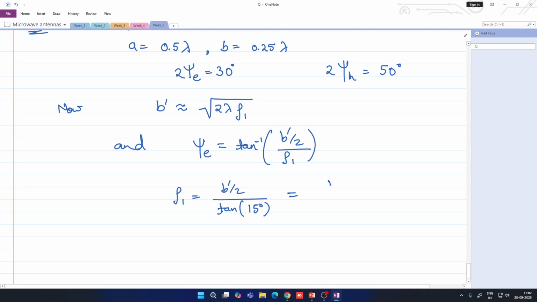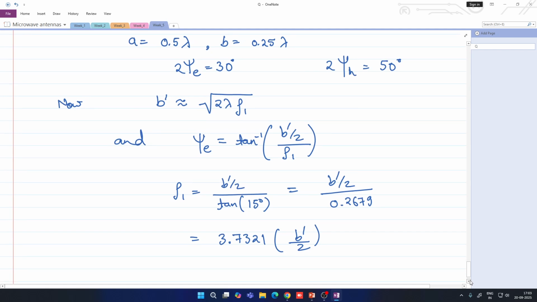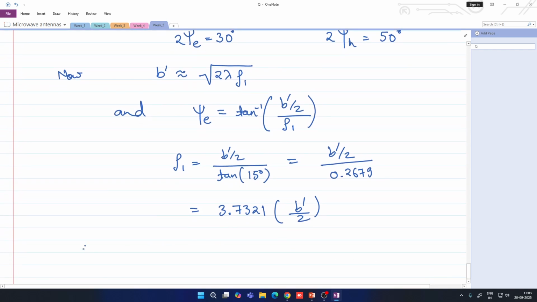Now when you solve this, b prime by 2 divided by tan 15 degrees, which is 0.2679, we will get rho 1 equals 3.7321 times b prime by 2. Therefore b prime square, if we take the square on both sides, is 2 lambda rho 1.